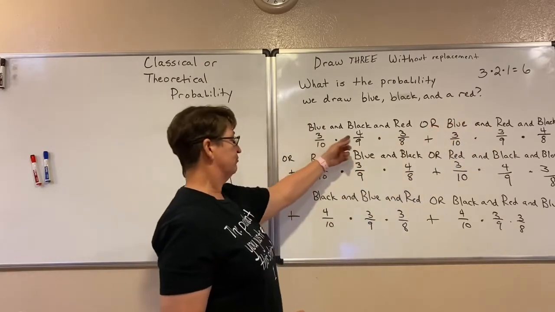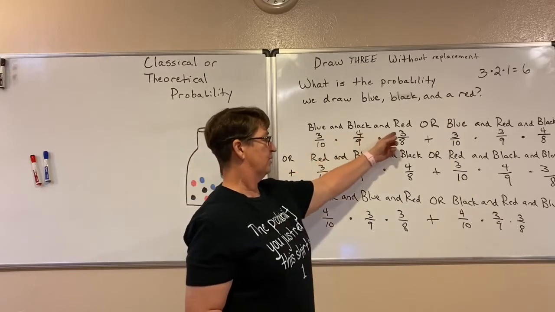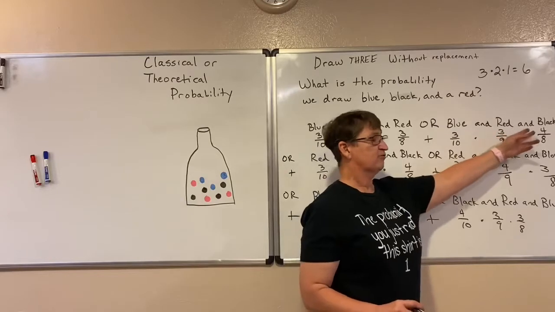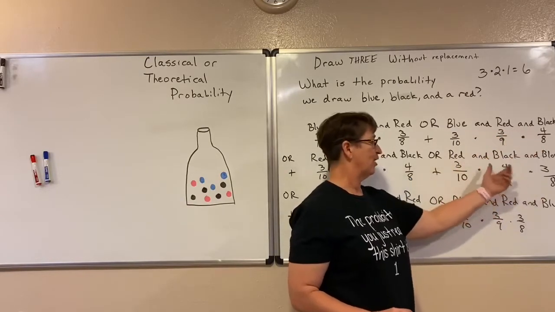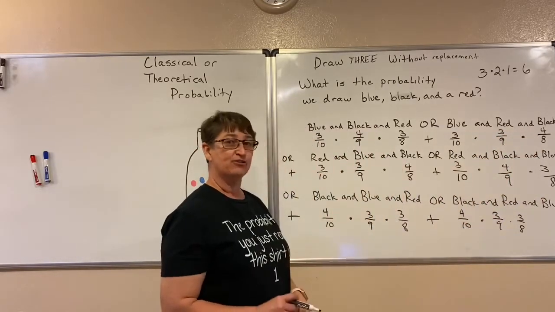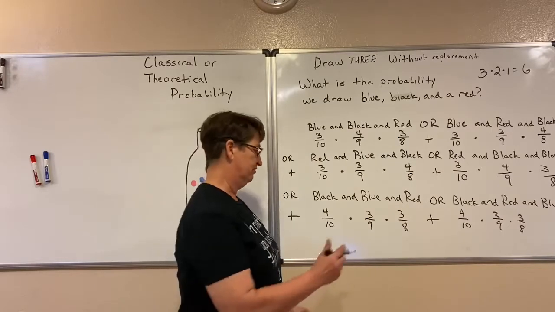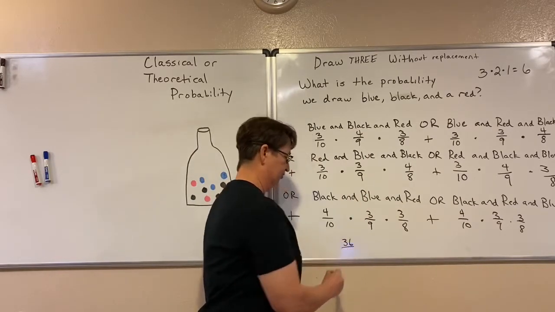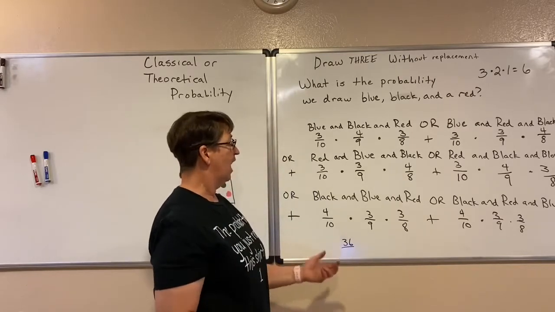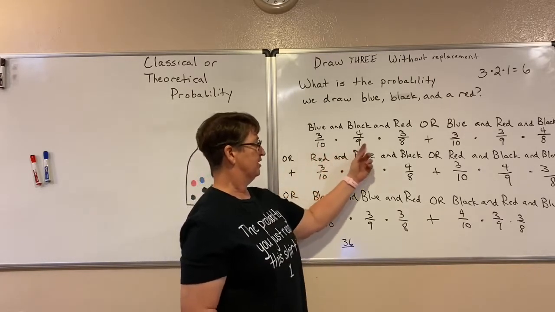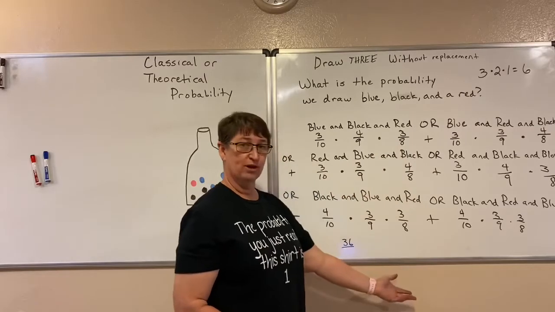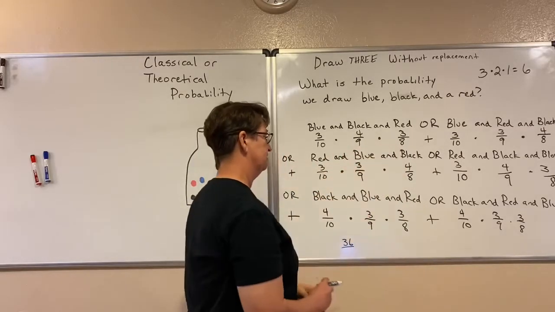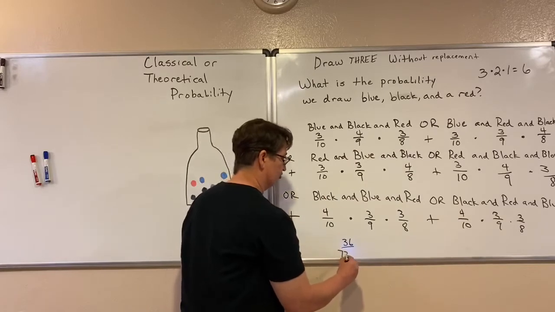So, 3 times 4 is 12, times 3 is 36. 3 times 3 is 9, times 4 is also 36. No matter what order they're in, that top part is going to be 36. So all of them have a top part of 36. On bottom, there's 10 times 9 times 8 on every single one of them. So 10 times 9 is 90, times 8 is 720.